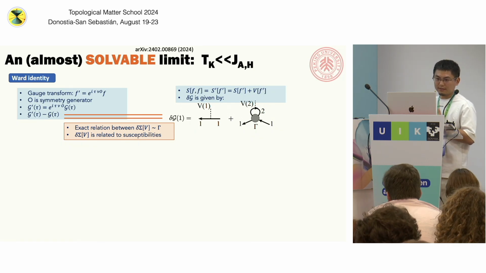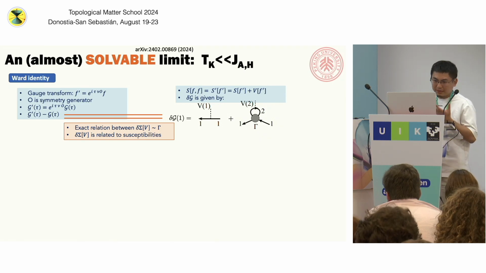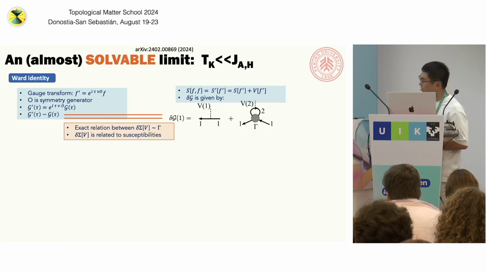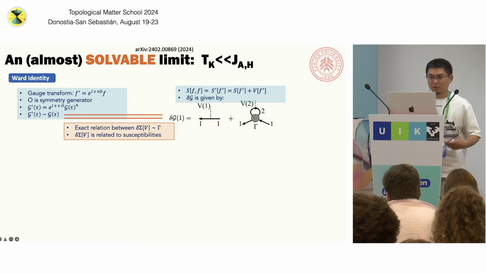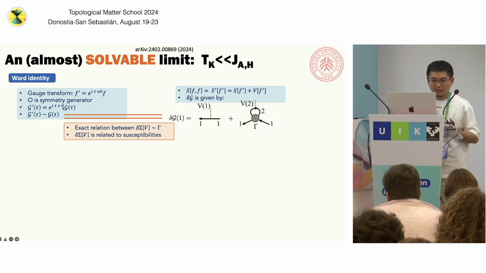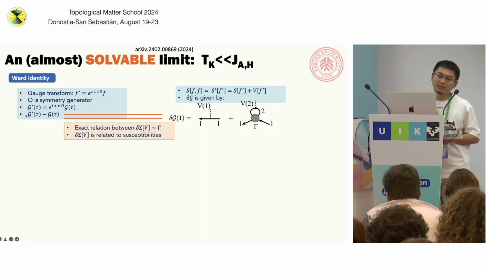So the mathematical tool we will make use of is the so-called Ward identity. Basically, you can consider making a gauge transformation for your Fermi field, and this gauge transformation will change your Green's function. And because it's a gauge transformation, you can easily calculate the change in Green's function.